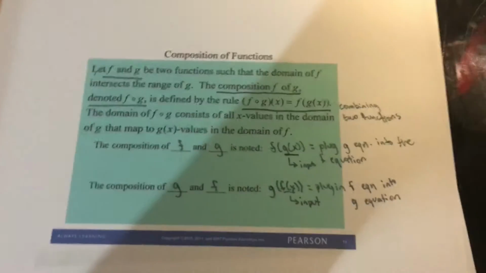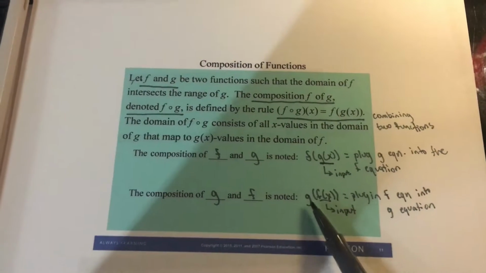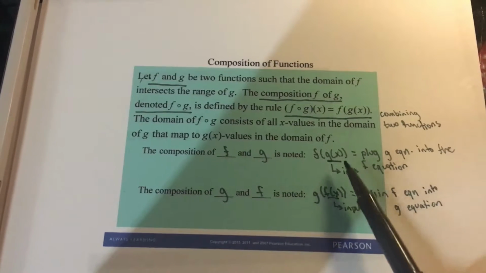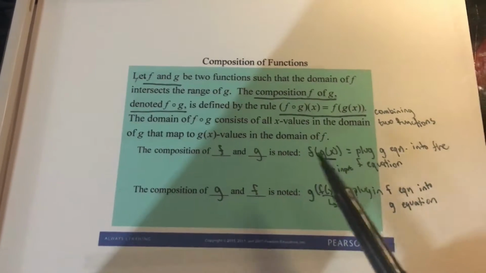Make sure this makes it into your notes: I'm plugging the F equation into the G when the G is on the outside, and plugging the G equation into the F when the F is on the outside.